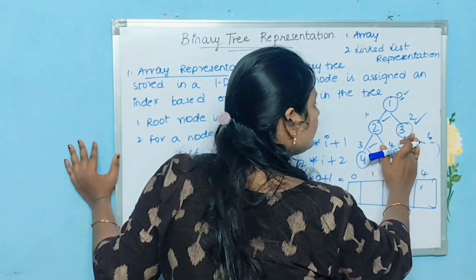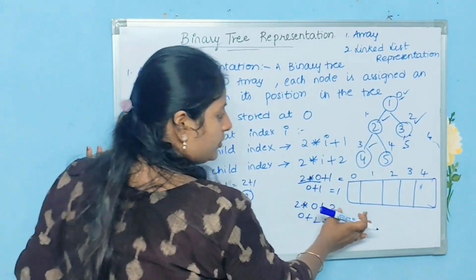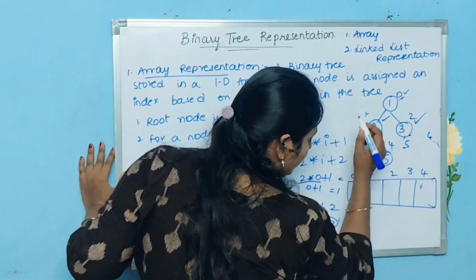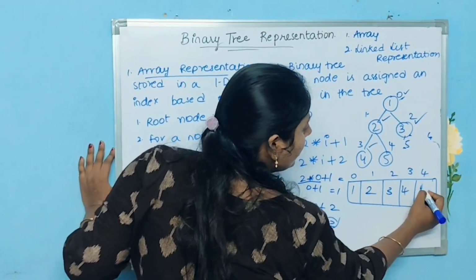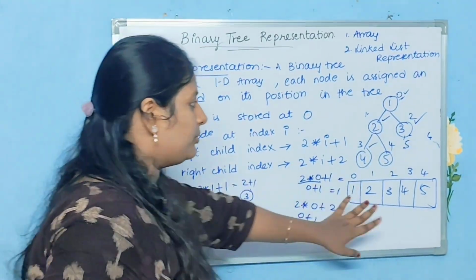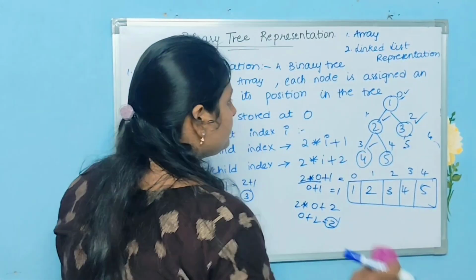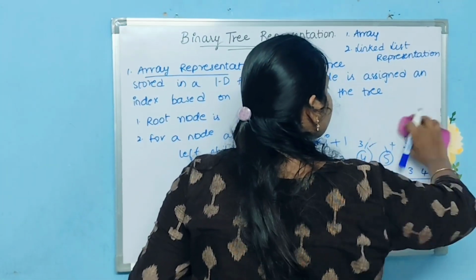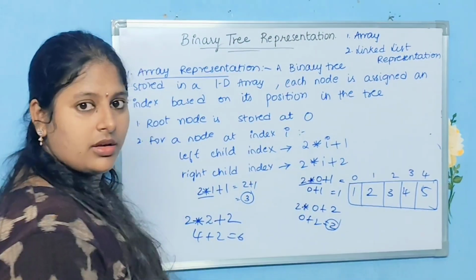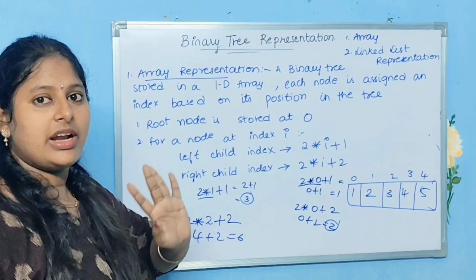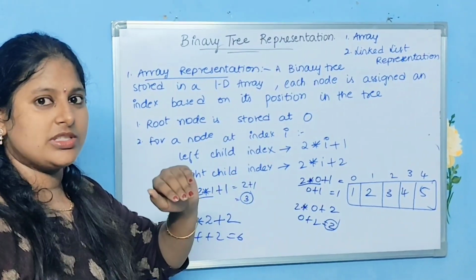There are 5 nodes, so I have taken 5 locations. So my first element is 1, 2, 3, 4 and 5. From this, I'll see whether I can find who is the left child or who is the right child.